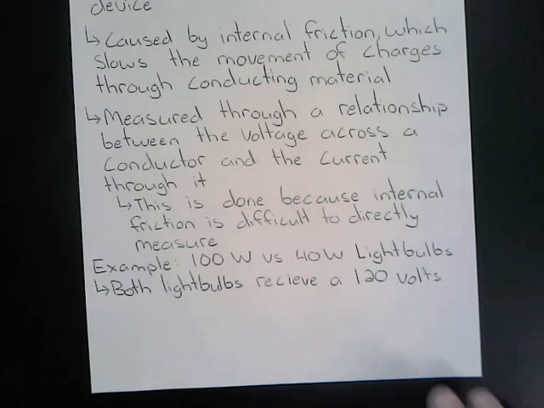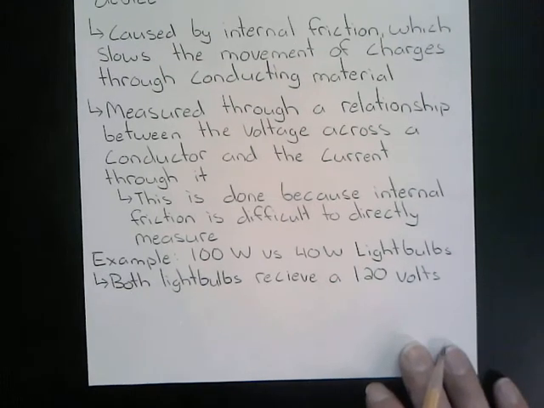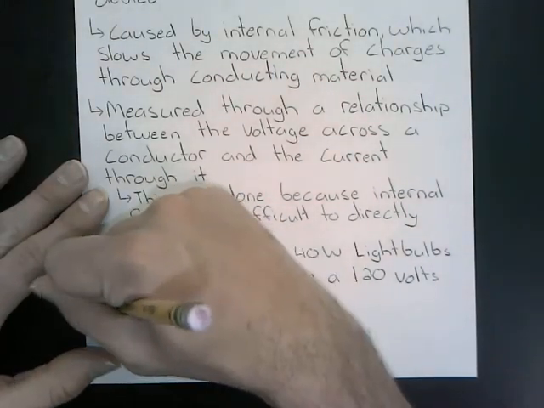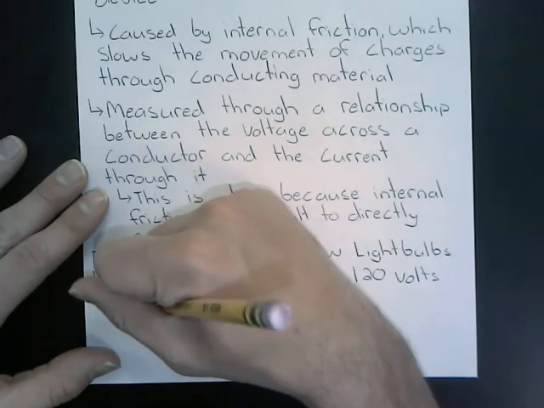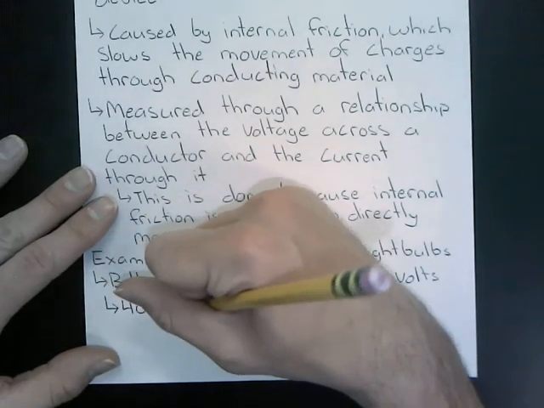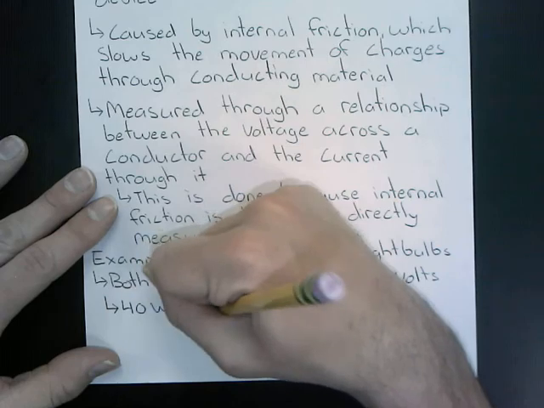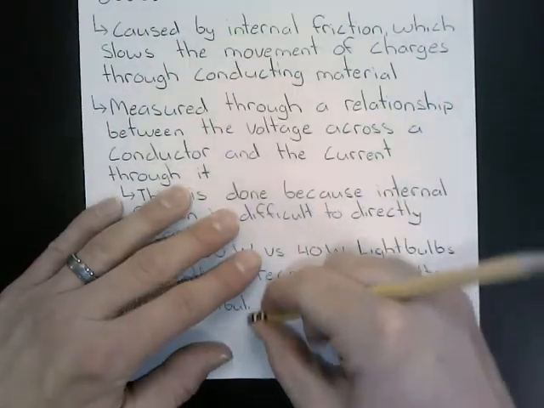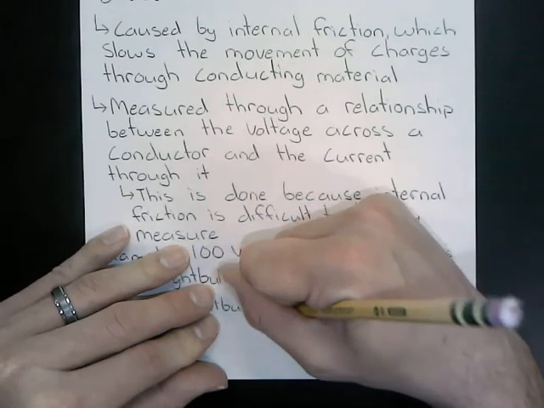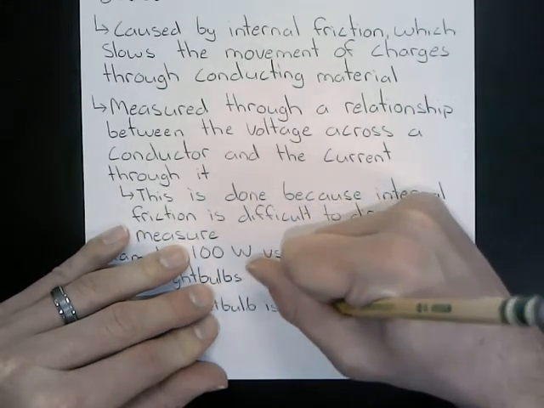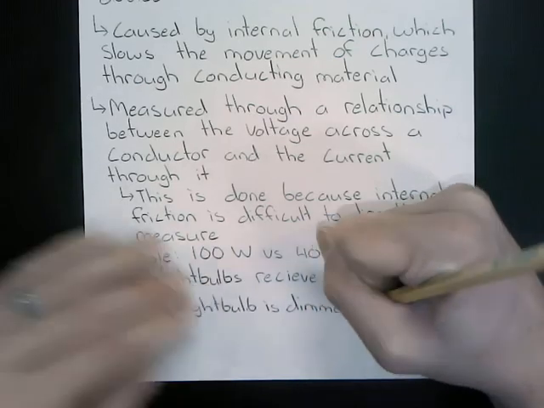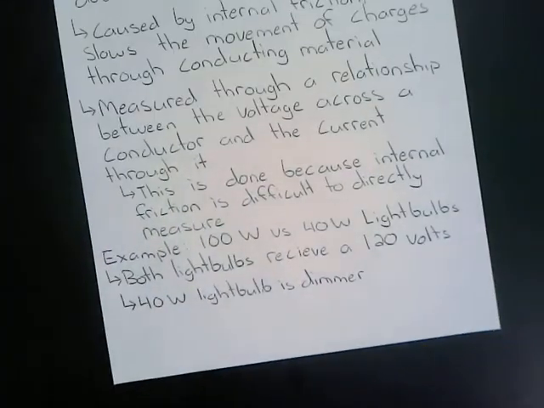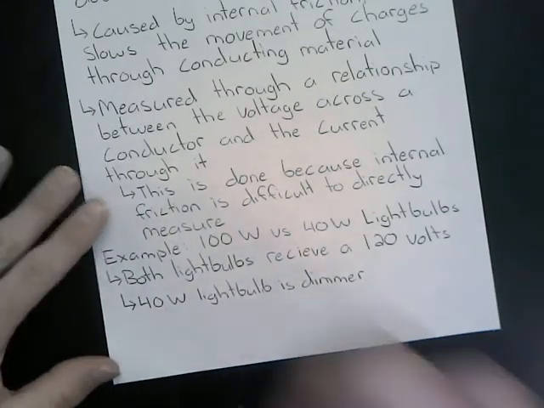Now, the 40-watt light bulb is dimmer, and the 100-watt light bulb is brighter.